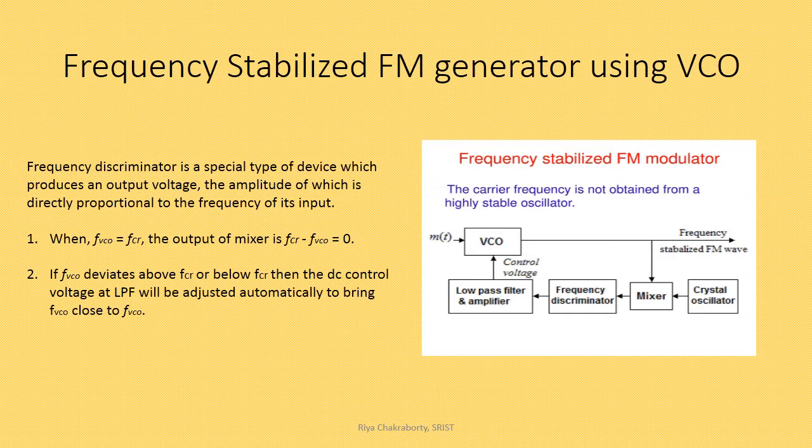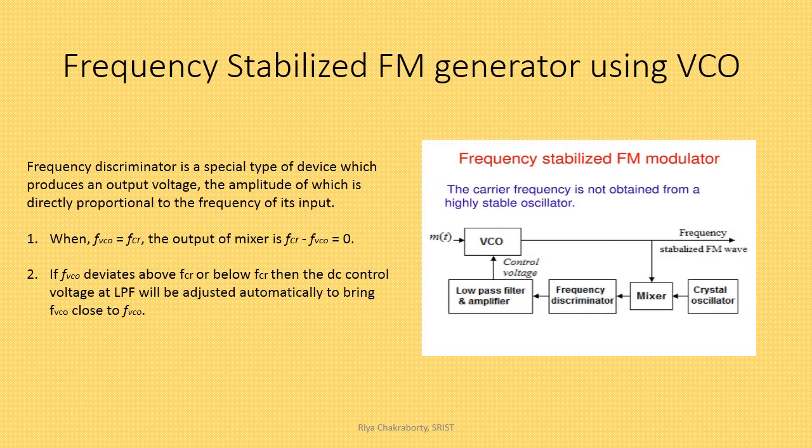And there are some drawbacks of the direct method for FM generation. It is not easy to get a high order of stability in carrier frequency. This is due to the fact that generation of the carrier signal is directly affected by the baseband or modulating signal.